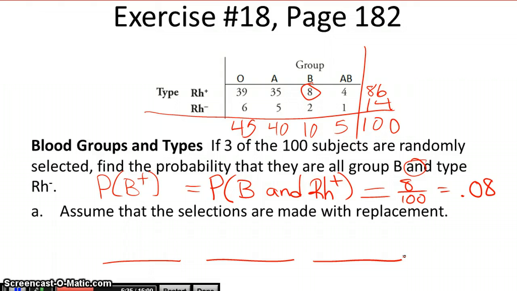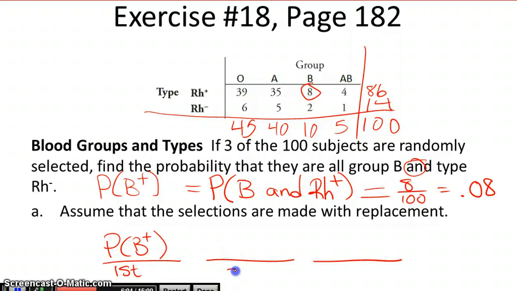The probability that the first person chosen at random has B positive blood is something we've already calculated, right? So this is the first person. And we want to know what's the probability that first person has B positive blood, which we already know is 8%. Now, we test that person and we put them back into the population, and now we pull another person and test their blood.